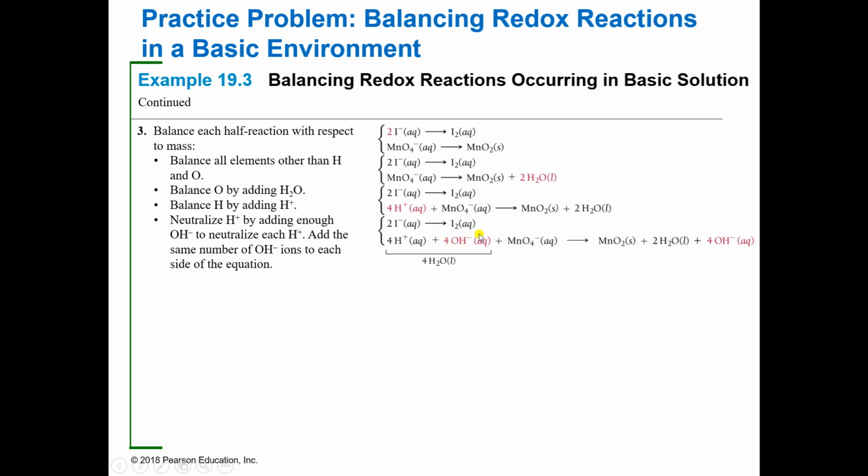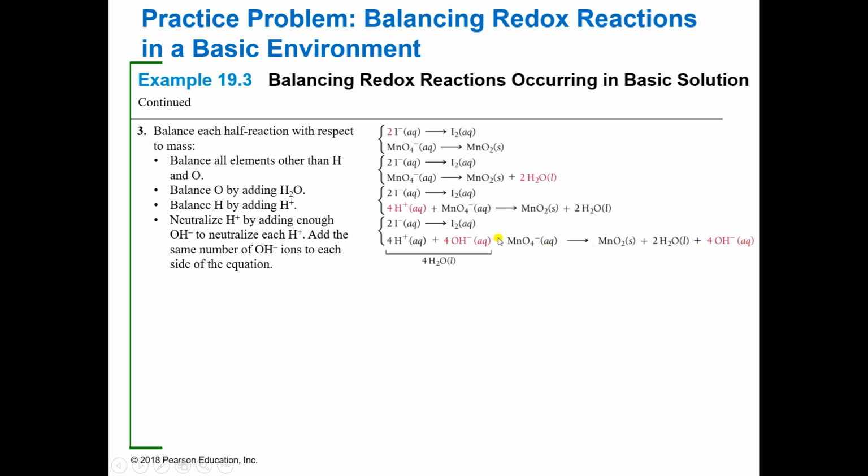So I need to add as many hydroxides as I did hydrogen ions so water can form and it'll neutralize the hydrogens. And then if I add the hydroxide to the one side, I have to add it to the other. And that keeps this basic.